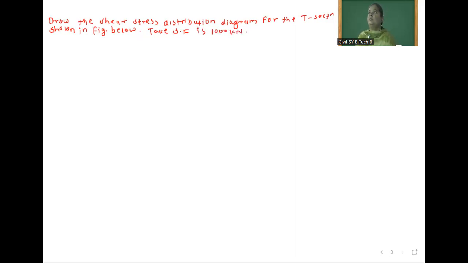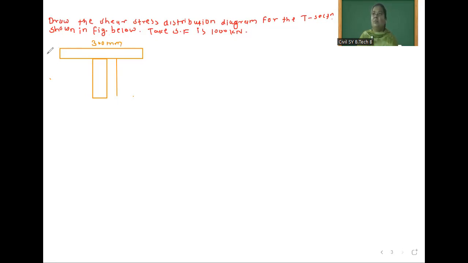I will draw the figure here. The T section is given. The width of the flange is 300 mm.